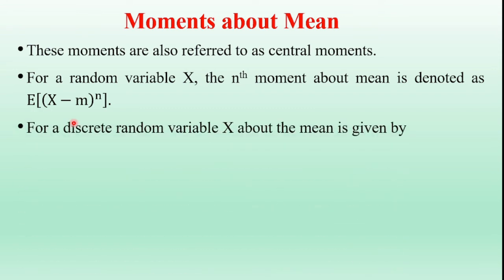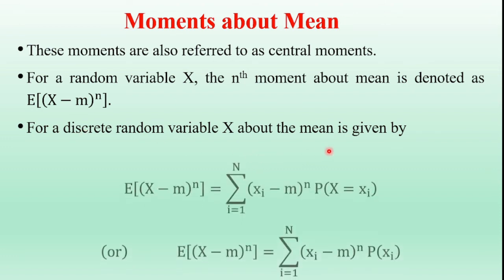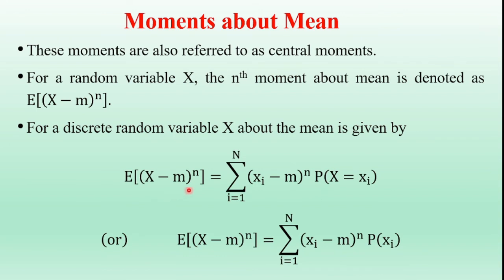For a discrete random variable capital X, the moment about the mean is defined as expectation of (X minus m) whole to the power of n is equal to sigma i equal to 1 to n, (xi minus m) whole to the power of n into probability of xi. So this is the equation for the discrete random variable moment about the mean.